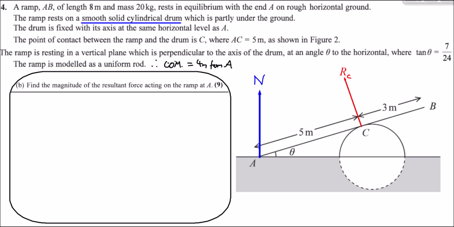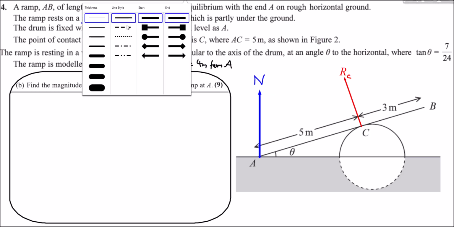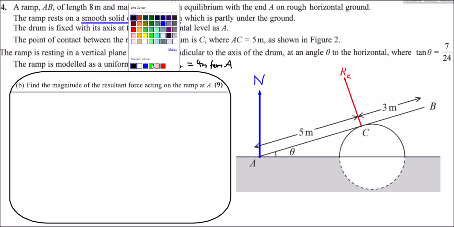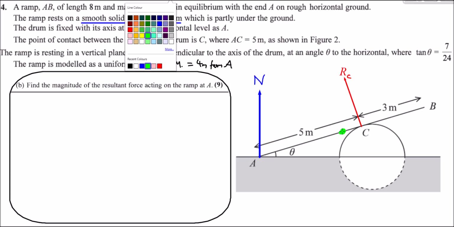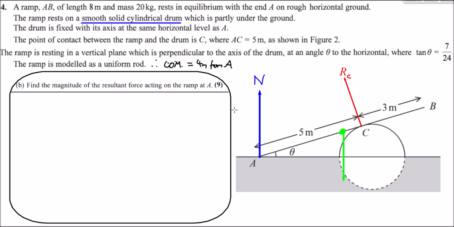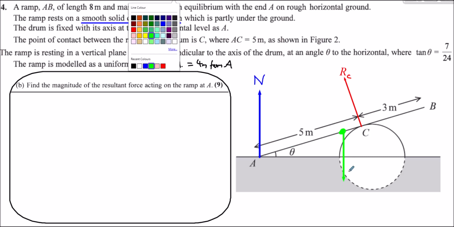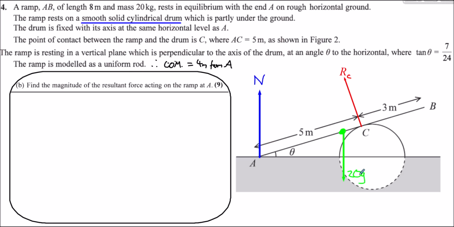So from a point which is 4 meters along, which roughly is going to be, say, here, I'm going to draw a line down which is going to denote the weight of this. So of course, if the mass is 20 kilograms, then its weight will be 20g. So going downwards, we've got a force of 20g. In fact, I'll move that 20g to the other side, like so.